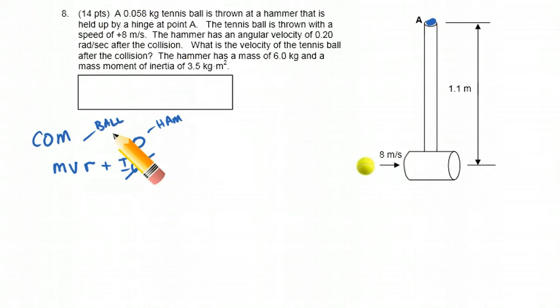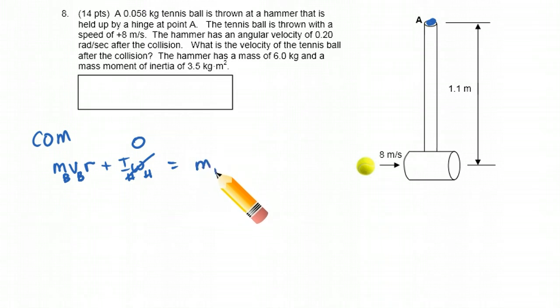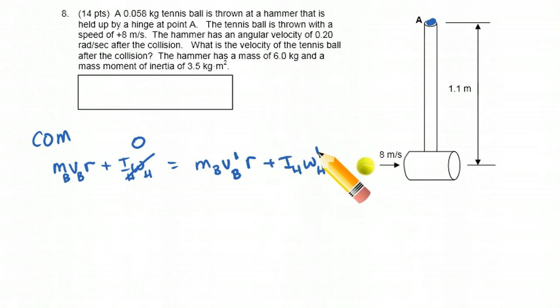And just to be consistent, let me write them differently. Okay, so this is the velocity of the ball, mass of the ball. This is the I of the hammer, omega of the hammer. And that's going to be equal to the same thing, mass, let's write it consistently, velocity of the ball after, so we use prime for after, times r plus I of the hammer, omega of the hammer afterwards.